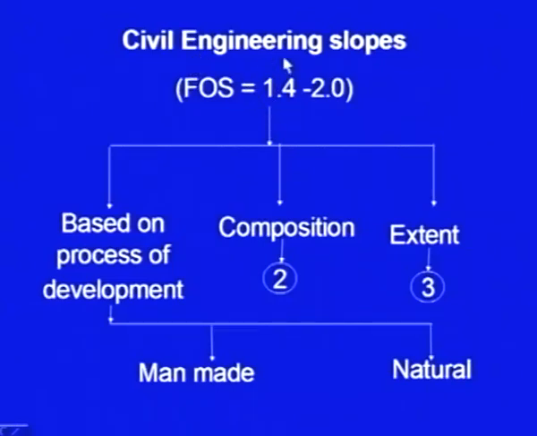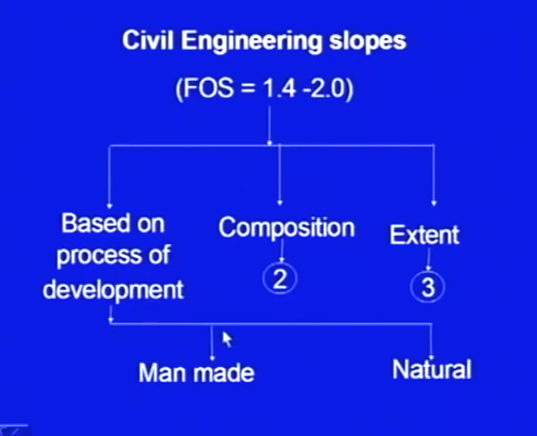Now, civil engineering slopes I am dividing further into three categories. First is based on process of development, second one is based on composition, and third one is based on its extent. The first one is based on process of development. This means how the slope has come into existence, whether it was a man-made structure or a natural structure.